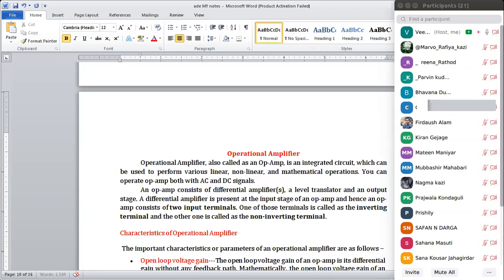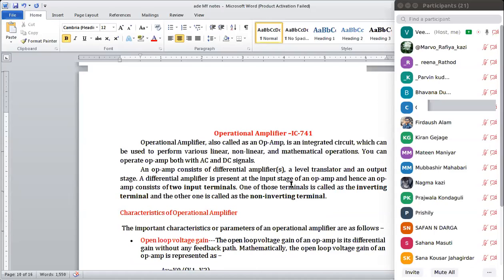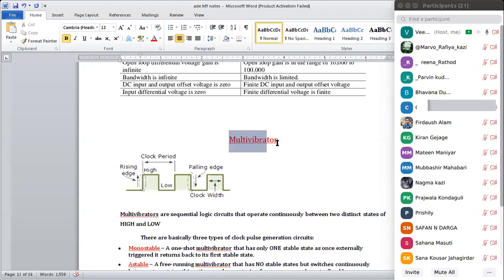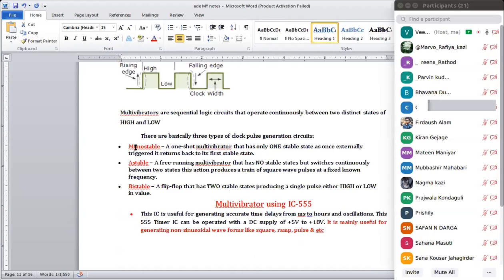This amplifier is IC 741, an operational amplifier IC. Now, this multivibrator to produce these types of waveforms is done by using the 555 IC.